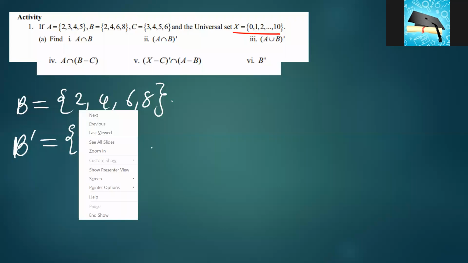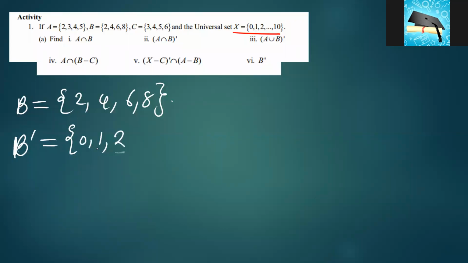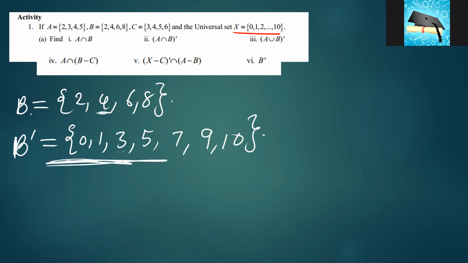So we don't have to write it in the complement of B. So we leave out 2. We have 3, we have 4. 4 is part of set B, so we're not going to write it in the B complement. Then we'll have 5, we have 7, we have 9, and we have 10. So this is our B complement. We have listed the universal set excluding what? Set B.